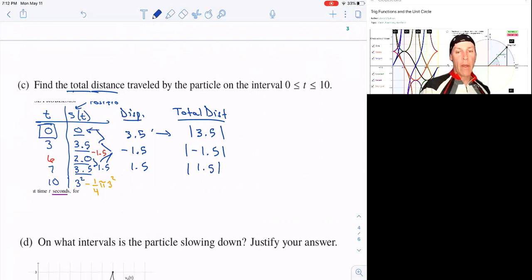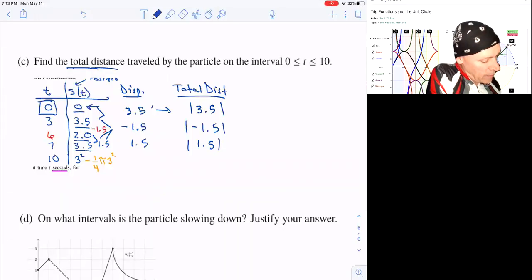Okay. And then the last segment, going from 3.5 to 3 squared minus 1/4 pi times 3 squared.